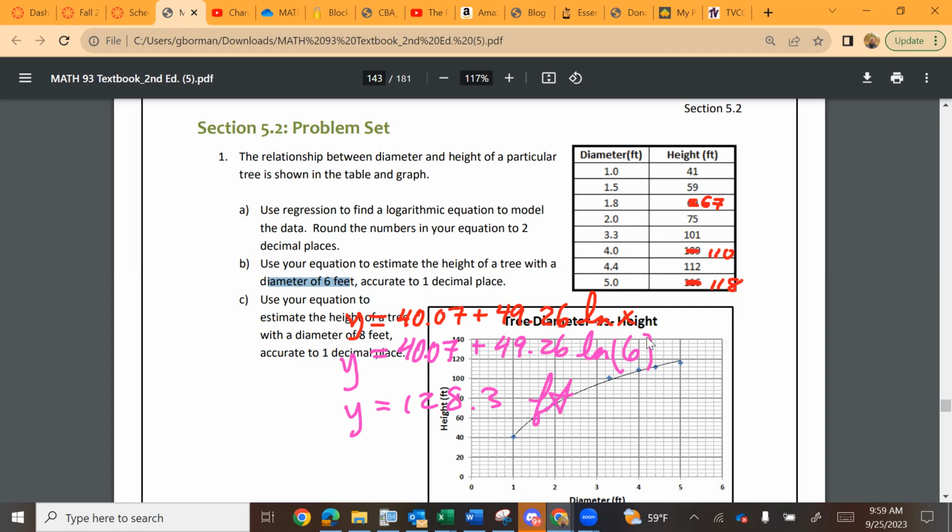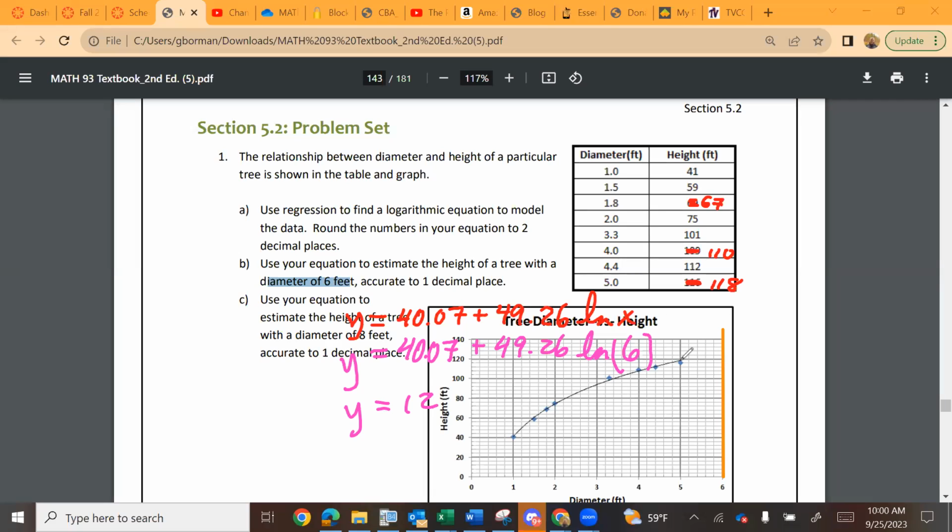Of course, we could look at the graph as well. Let me get rid of some of that right there. There, now I can read a little better. At 6-foot diameter, that's right here on the right side edge of the graph. What does our y value look like it's going to be?